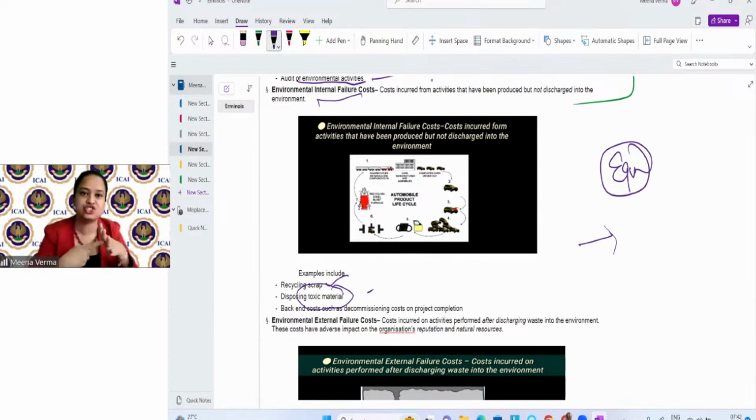They use syringes, chemicals, medicines, gloves, and these are all infected. So hospitals should not dispose of their waste freely in nature. They should pack it and dispose of it properly. When disposing of these materials, the organization will have to incur disposing cost.